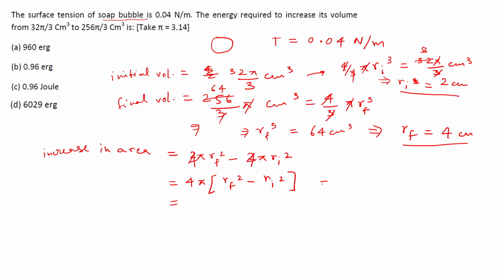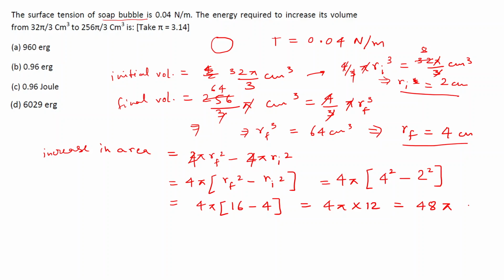Substituting the value of RF and RI, RF is 4 square, RI is 2 square. 4 pi times 4 square means 16, 2 square means 4. 16 minus 4 is 12. 4 pi times 12 is 48 pi, right? Pi centimeter square. This is the increase in the area.